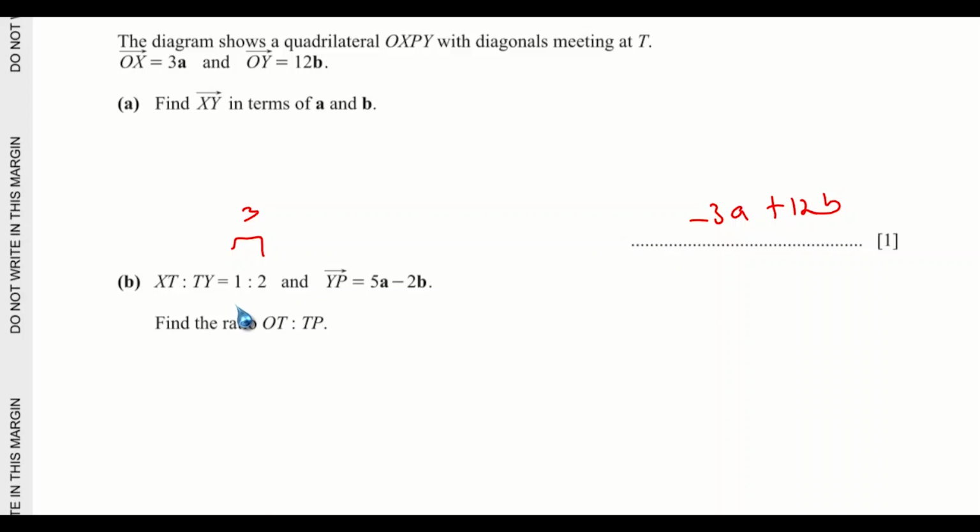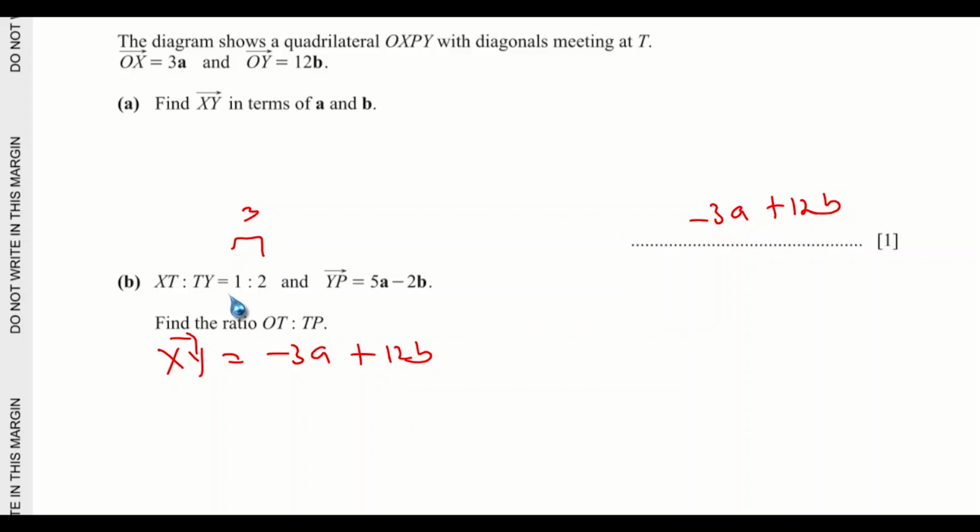So we can actually find XY. We already found XY to be equal to this, so let's write XY equals minus 3a plus 12b.